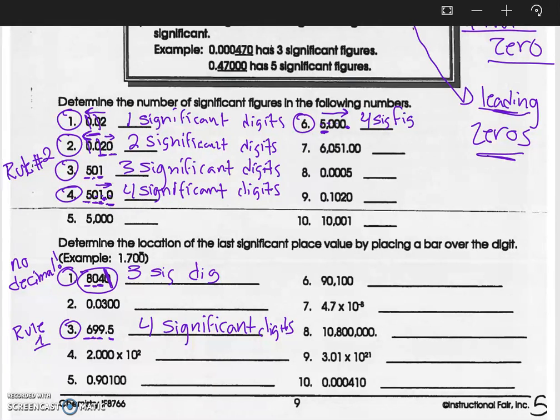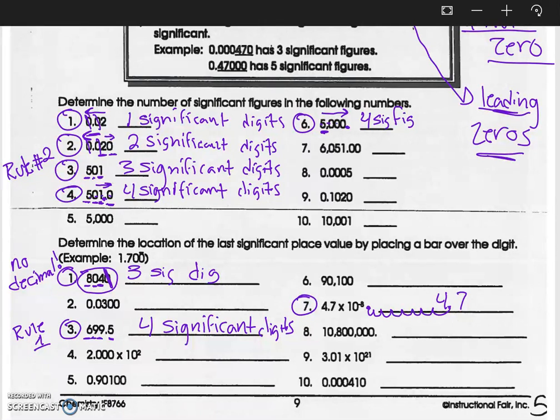Let's do this one. What does this negative 8 exponent mean? It means that the number 4.7, this decimal is moved 1, 2, 3, 4, 5, 6, 7, 8 times.